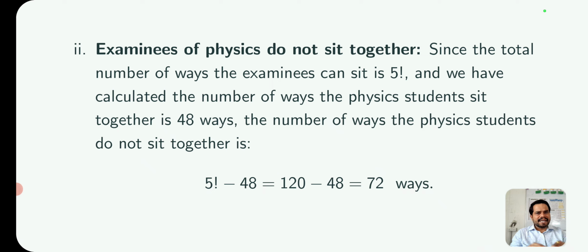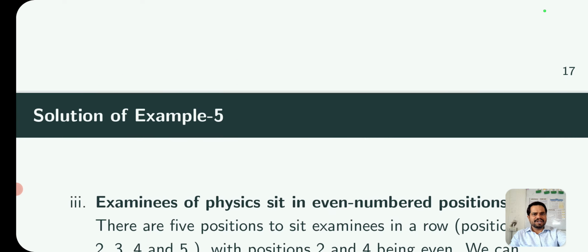Then you subtract this number from the total number of ways. So it is 5 factorial minus 48. We get 120 minus 48 is equal to 72 ways. It means that there are 72 ways the examinees of physics do not sit together. So this is the permutation.